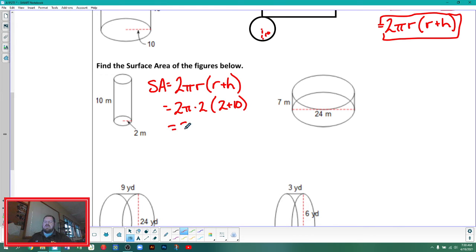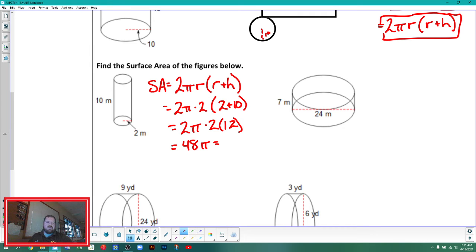Well, that turns out to be 2 pi times 2 times 12. So 2 times 2 is 4. 4 times 12 is 48 times pi.